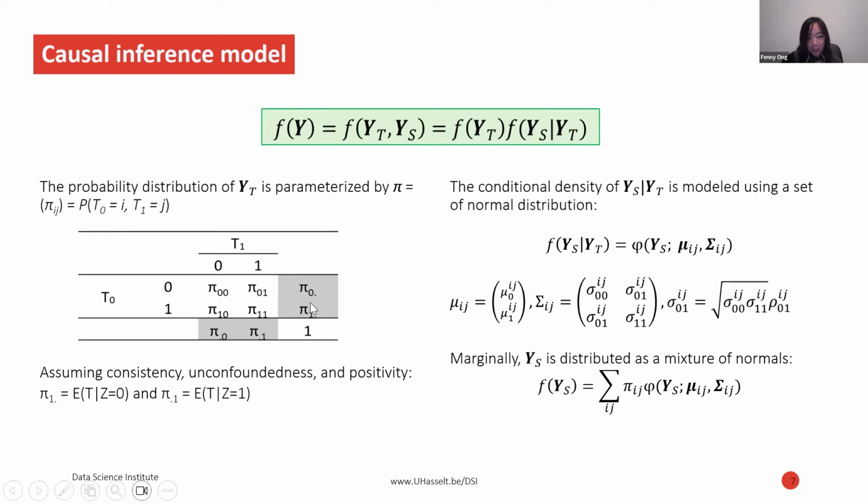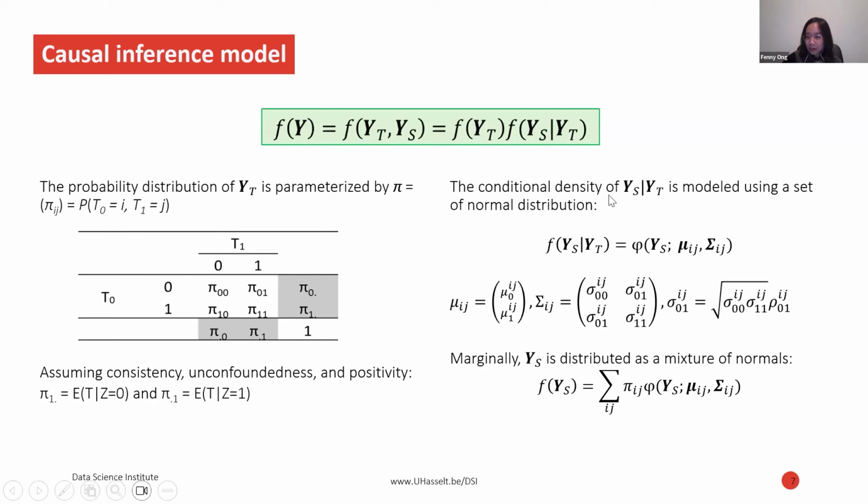Mind you that we cannot estimate this distribution due to the non-identifiability, and what we can estimate using some commonly made assumptions in the causal inference model are these marginal probabilities. And once we specify the value of pi ij, for example, pi 1,0, we can then fully estimate or identify this distribution.